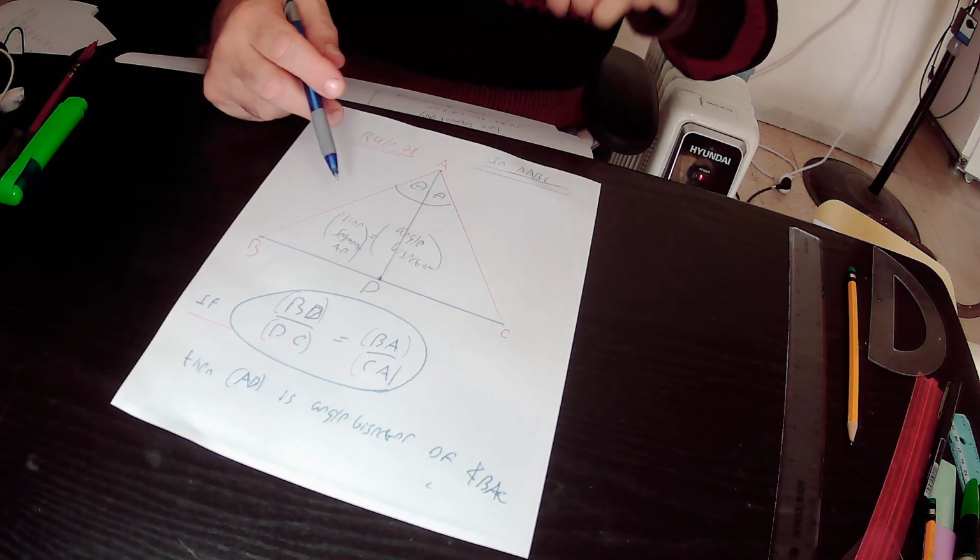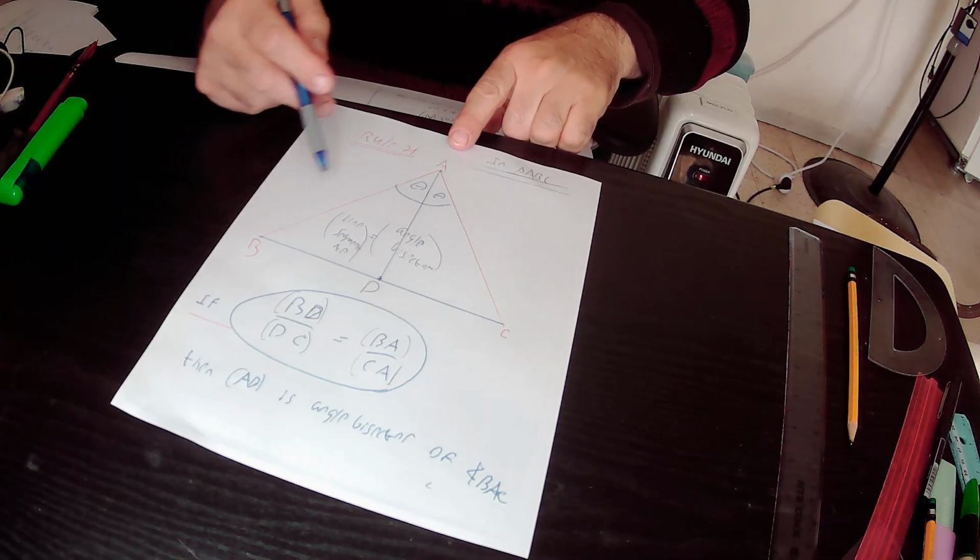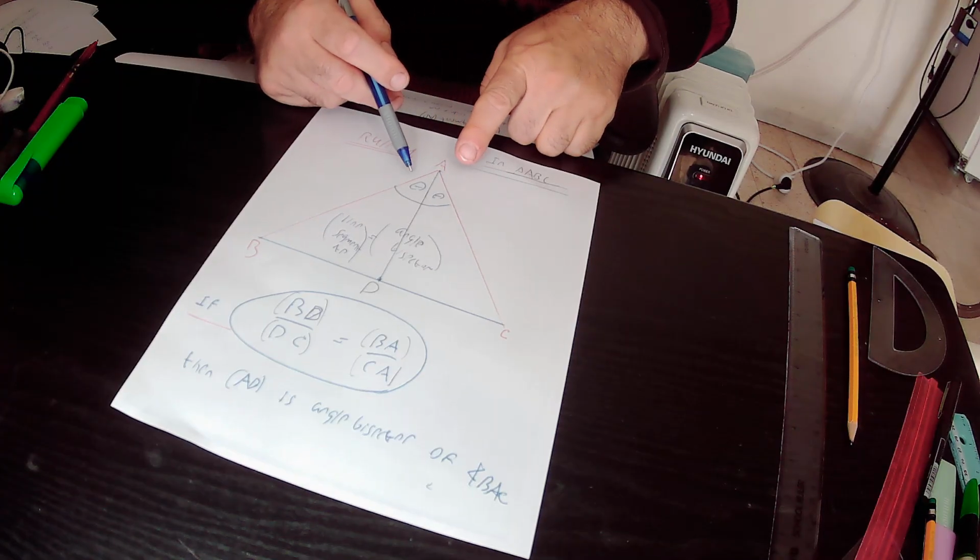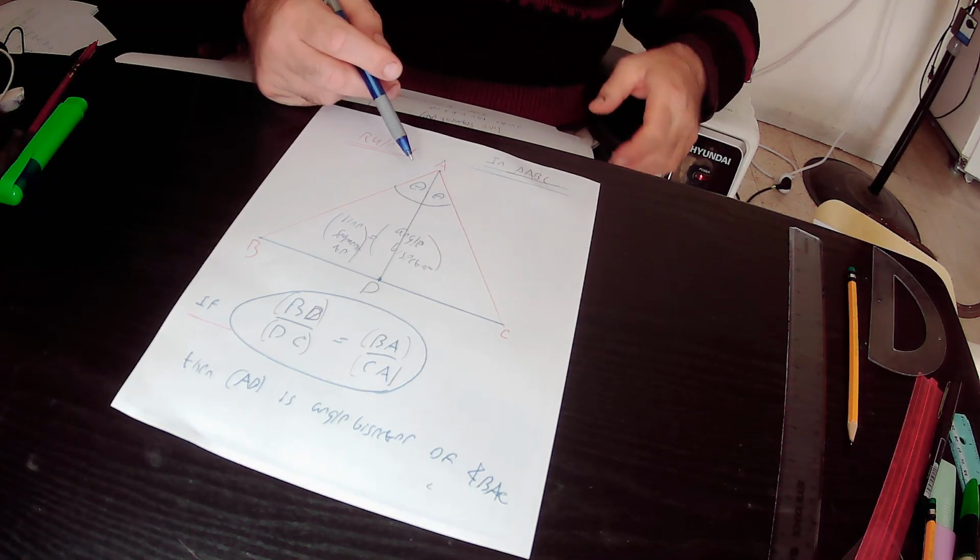That is to say, it bisects angle BAC and divides it into two parts, each part equals theta.